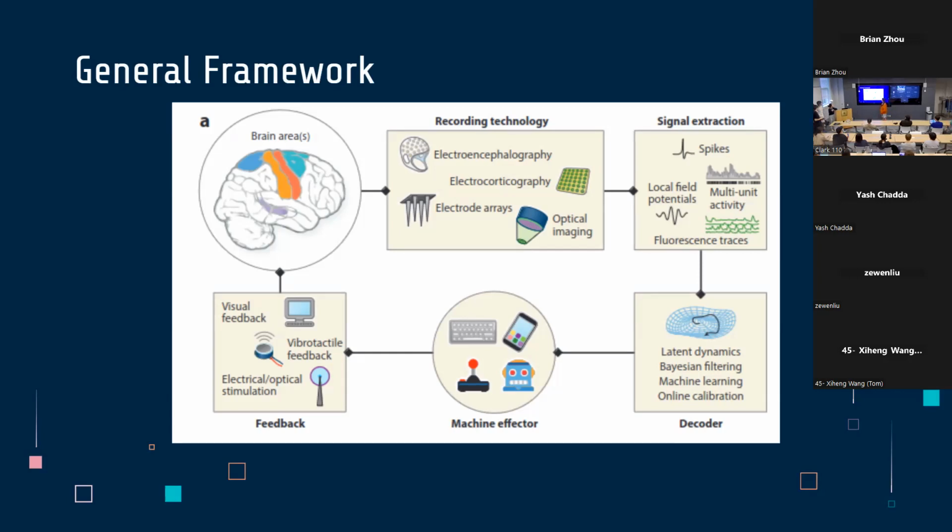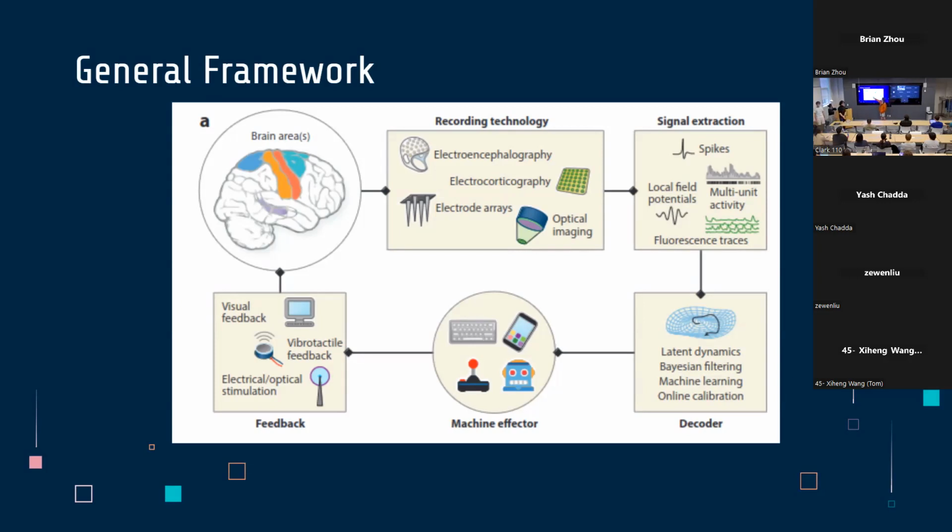And yeah, so of course, the first step in a brain-computer interface is recording from the brain. There are a few brain regions in particular that we look at when it comes to brain-computer interfaces. One of them is the motor cortex, and we'll touch on that in a later slide.